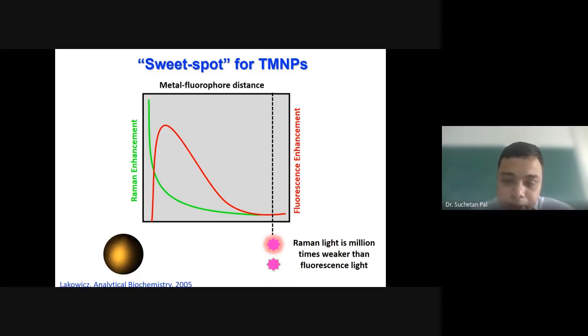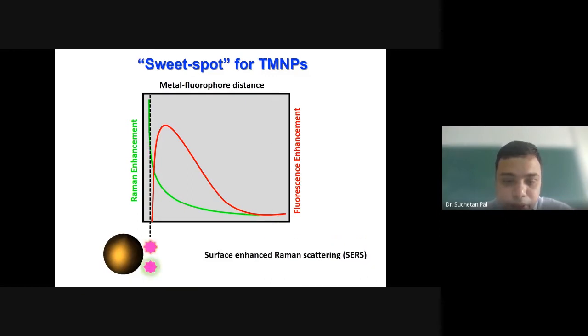But when you bring this dye to the surface of a gold nanoparticle, you have quenching of the fluorescence. Your fluorescence intensity goes down rapidly, and your Raman intensity goes up by the surface enhanced Raman scattering effect. So your Raman signal is now very high, and your fluorescence signal is very low in intensity.